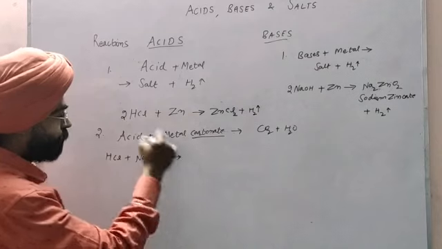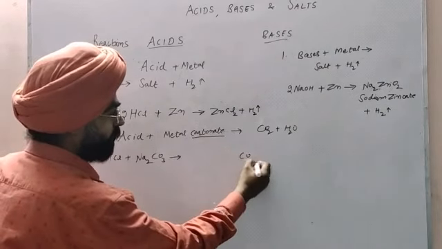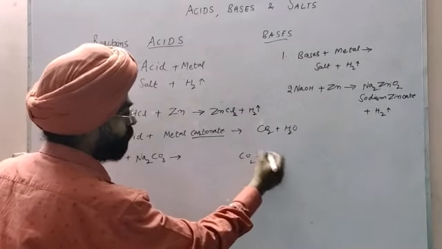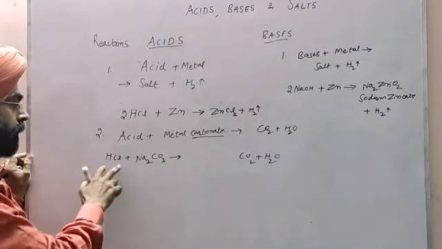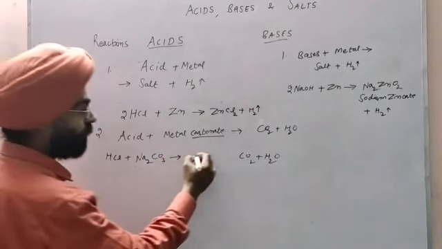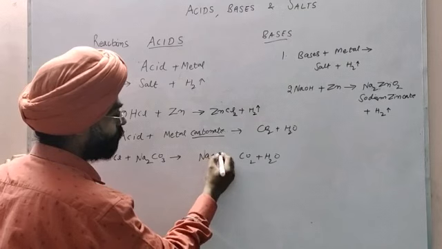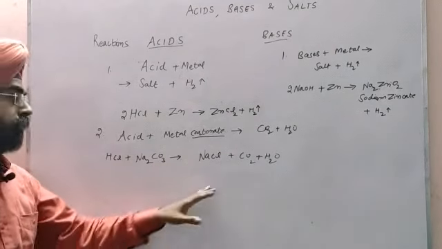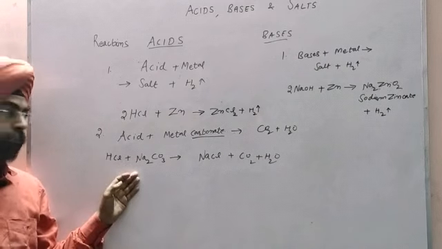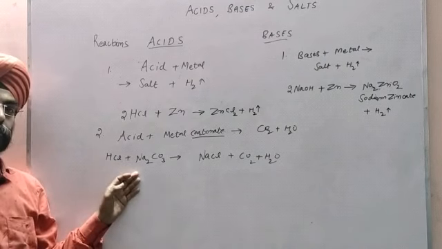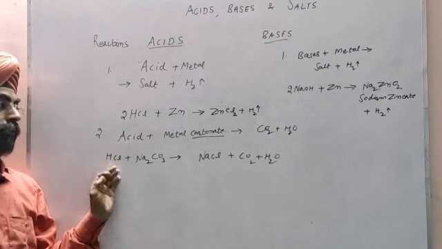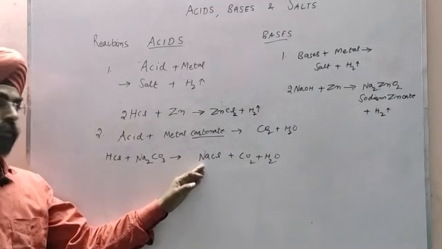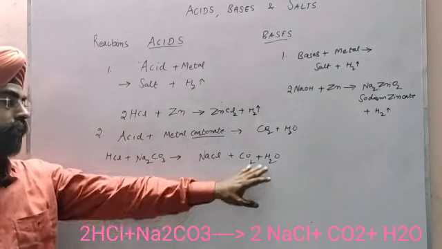Then it will form CO2 and water as a byproduct, and NaCl, sodium chloride, as a salt. So these three are the products whenever sodium carbonate, Na2CO3, reacts with hydrochloric acid: sodium chloride, carbon dioxide gas, and water.